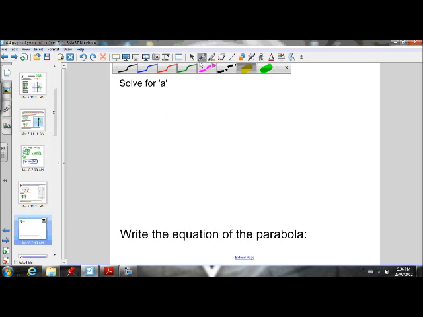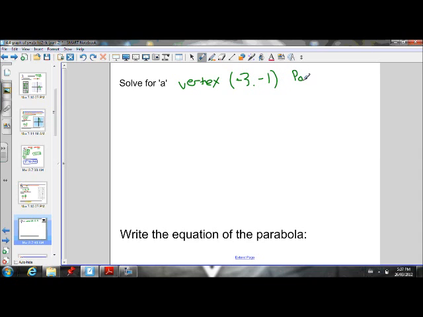So our vertex was (-3, -1), and our point was (0, 8). Okay, so those are our h and k and x and y values.